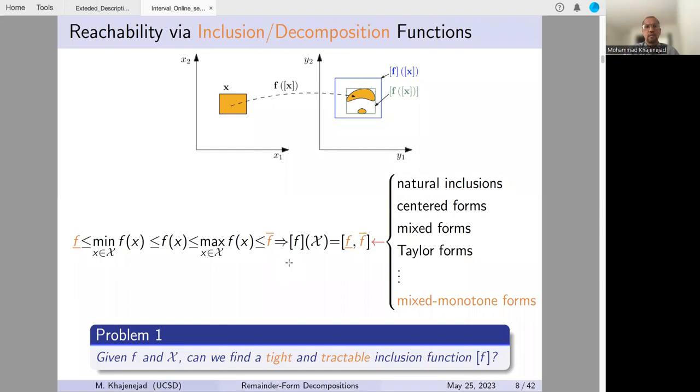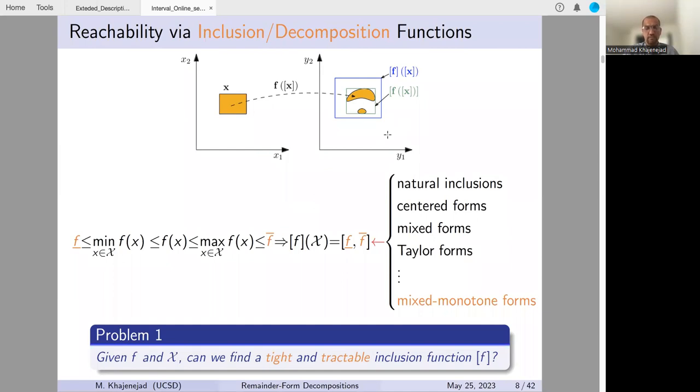One of them is to do it through inclusion functions. That is basically to find a possibly tight enclosing box or interval for this reachable set.